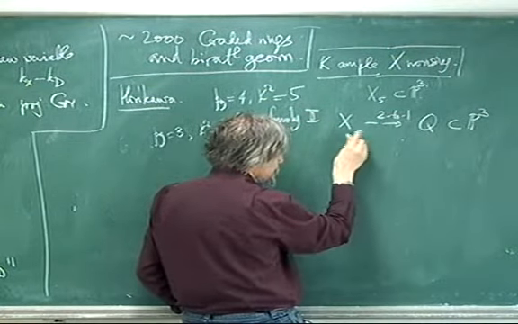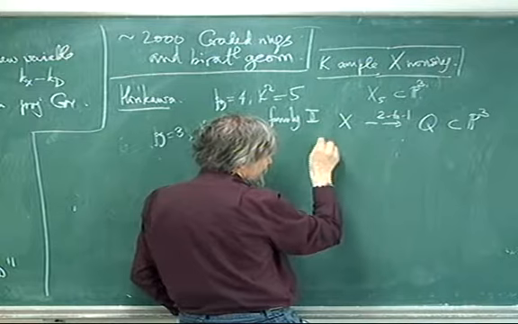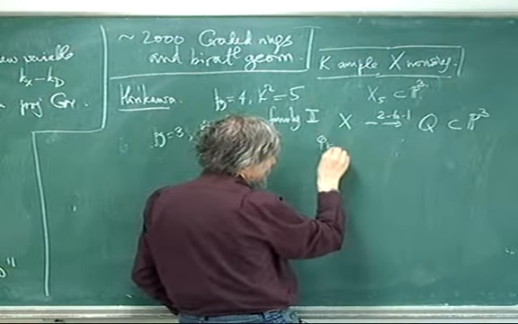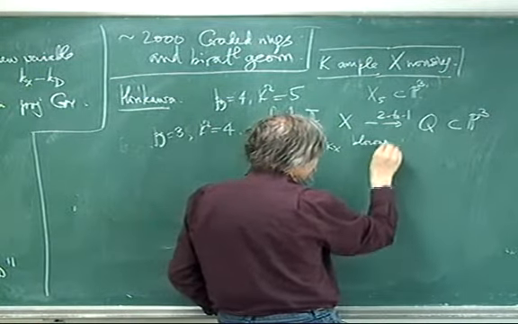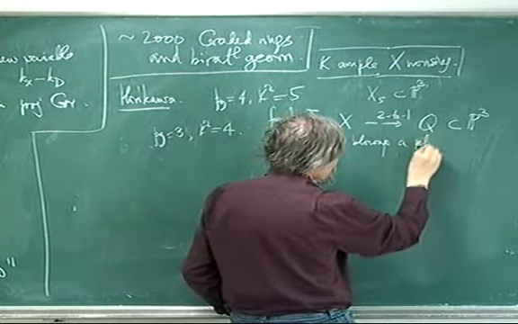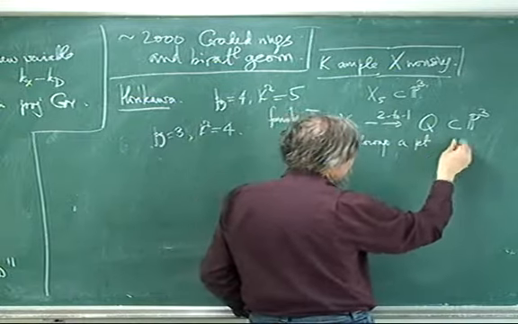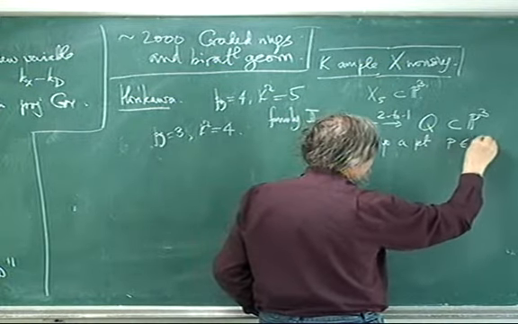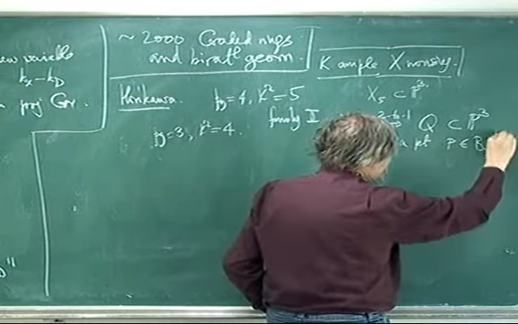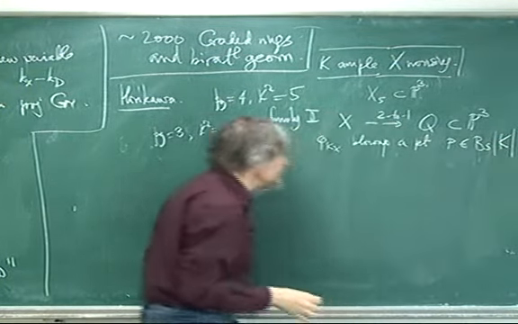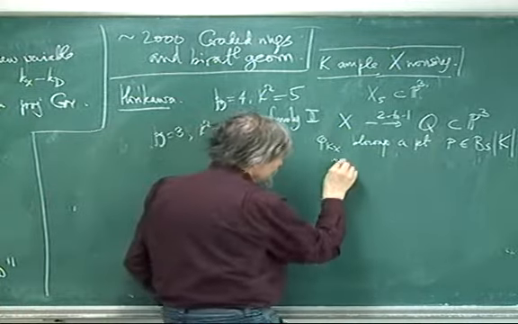So the map phi_K_X blows up a point, a base point P, the base point of the canonical class, and then maps 2 to 1.